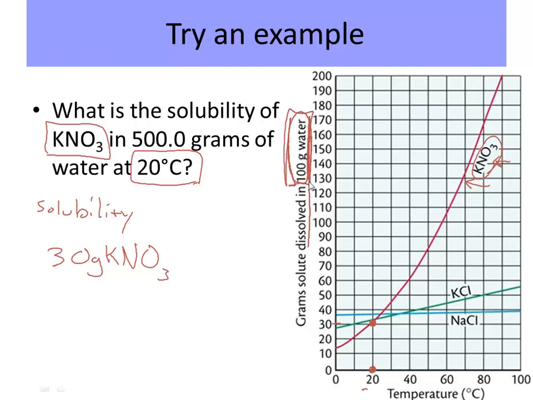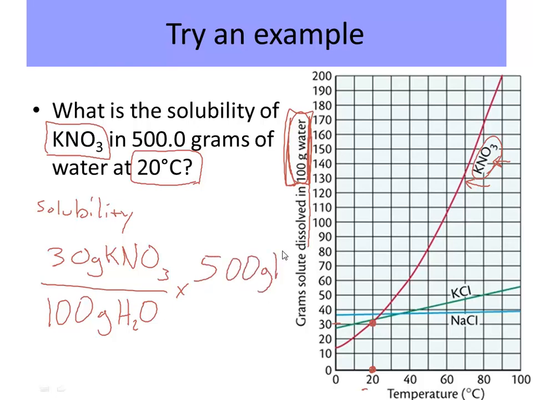That's a big deal. How many grams of KNO3 would that be for 500 grams of water? Well, I have 500 grams of water, so it'll be about 150 grams of KNO3 that will dissolve.